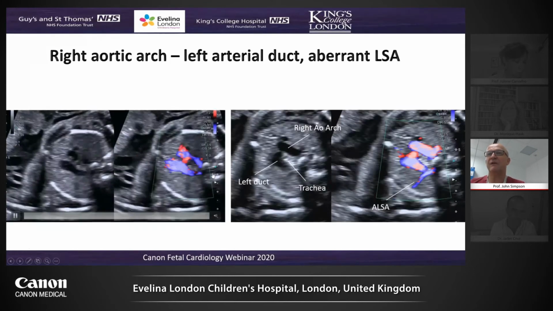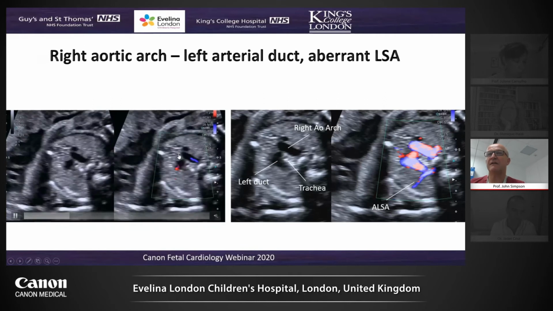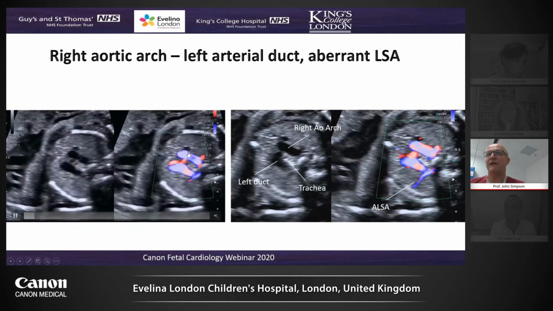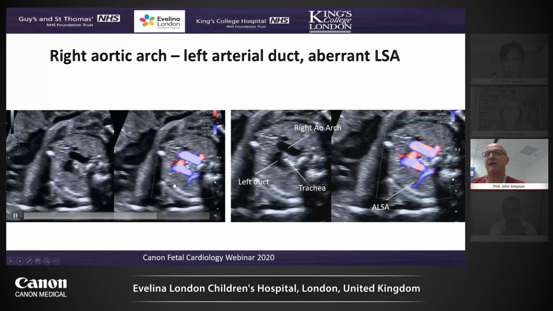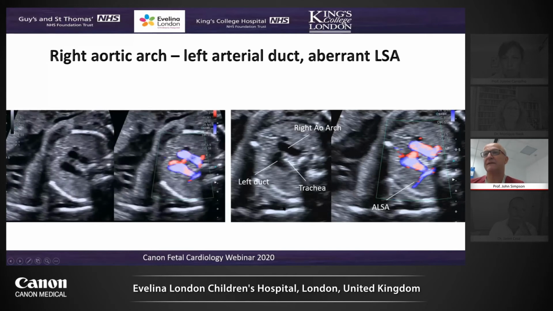And if you look at this with color, here's another similar example where we're showing a right arch, a left duct, the trachea is between the two arteries, and posteriorly here you can see the late-arising aberrant left subclavian artery. And this is often best seen early in gestation rather than late in gestation. And you can see the labeled diagrams to the right here.